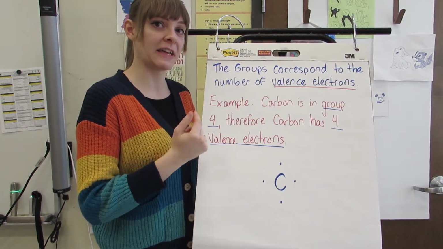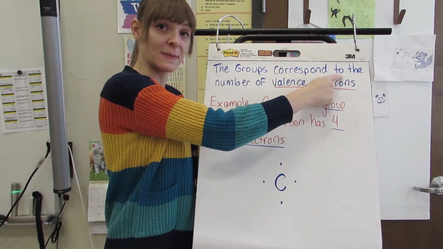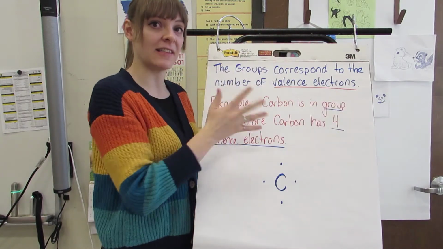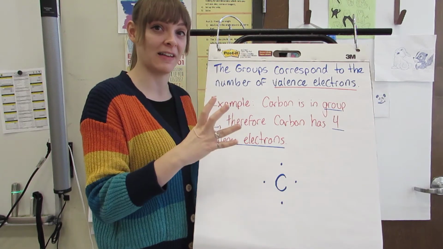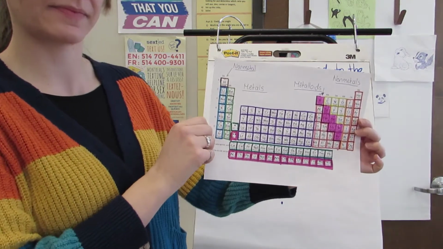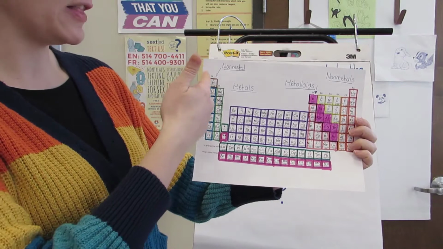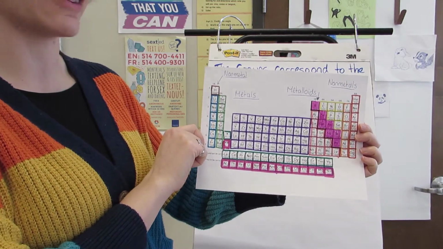If we look at the periodic table, we would find that the groups correspond to the number of valence electrons. Valence electrons are the electrons that are on the outermost shell of the atom. So if we take a look, you can see that some of the columns here are highlighted in their own specific color.